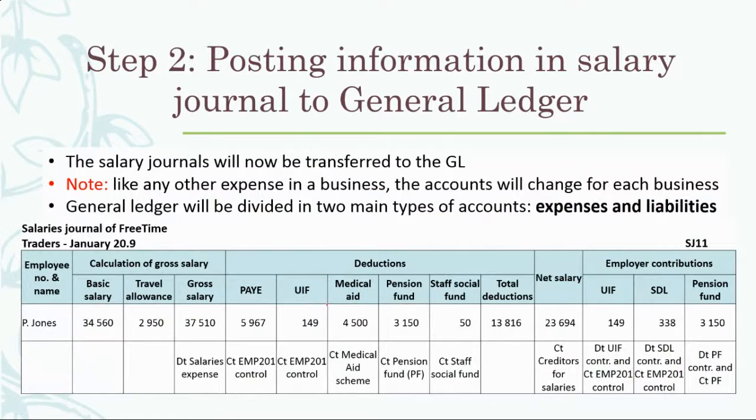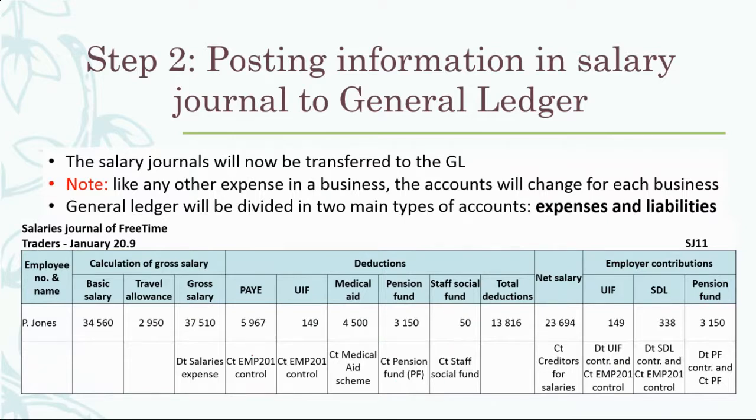Here you can see at the bottom, we would debit the gross amount to salary expenses. We do not debit the individual accounts. Then we credit the EMP 201 control account with the amount of pay as you earn that was deducted. We credit the UIF, the medical aid account, the pension fund account and the social fund.